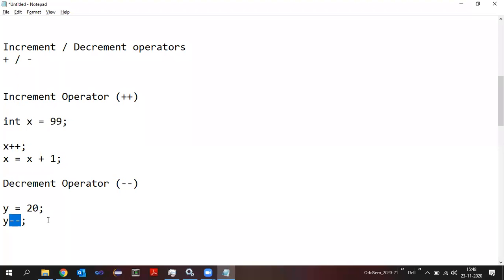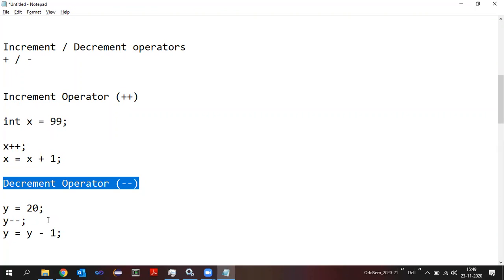Decrement means reduce by 1, subtract 1 from whatever the value of this variable is. What is the value of the variable here? 20. So when this is done, it's nothing but y = y - 1. We are subtracting the value by 1. That happens when we perform the decrement operator. And increment will add value 1 to its variable. Is that understood, students?